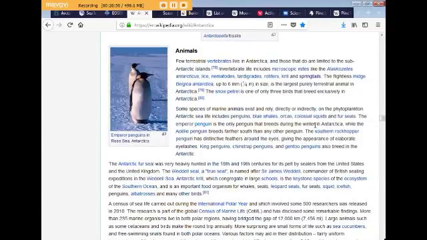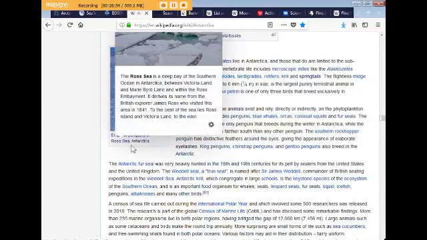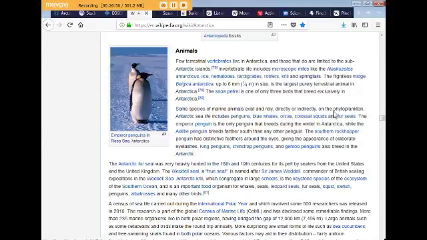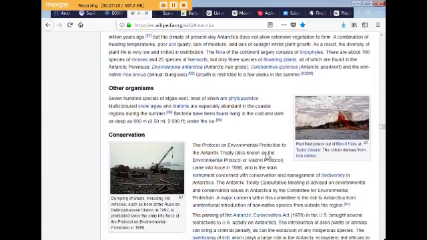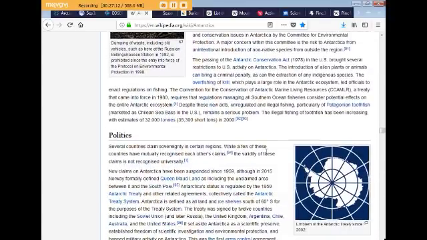Biodiversity, here's the animals. The emperor penguins in the Ross Sea from Antarctica. It's the only place they live. There's phytoplankton down there. Fungi, plants, other organisms, conservation.